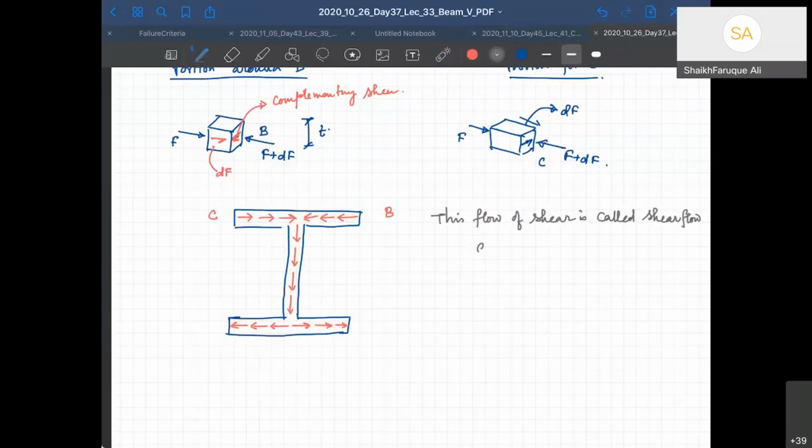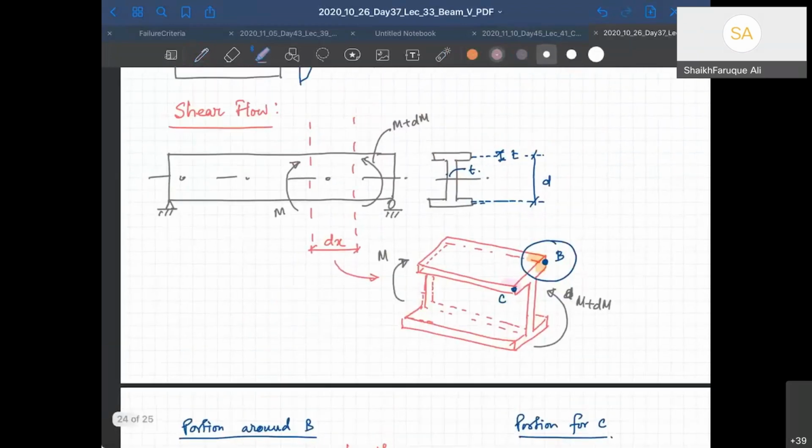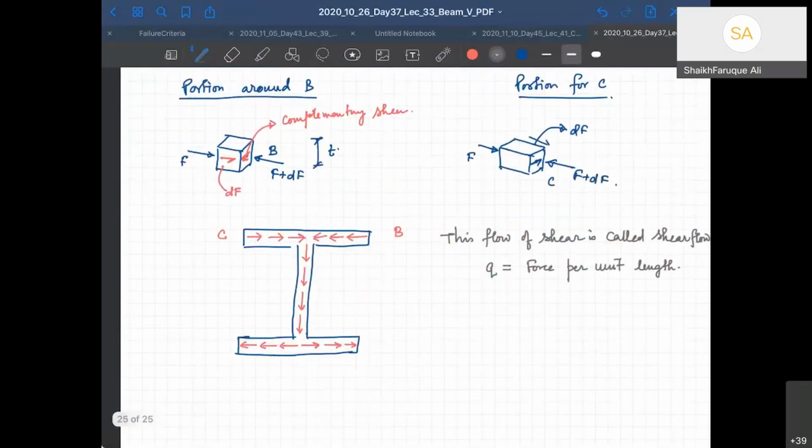and it's written as small q, which is equal to force per unit length. Why per unit length? Because if I extend my understanding of this section to the complete dx portion, then if I write it as q, it is equal to dF by dx.